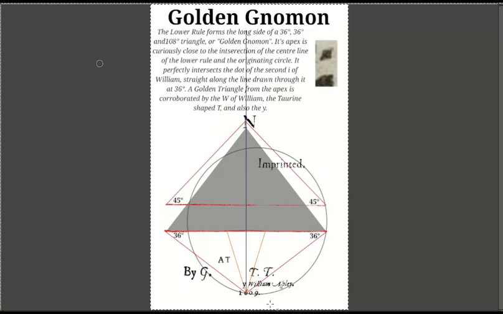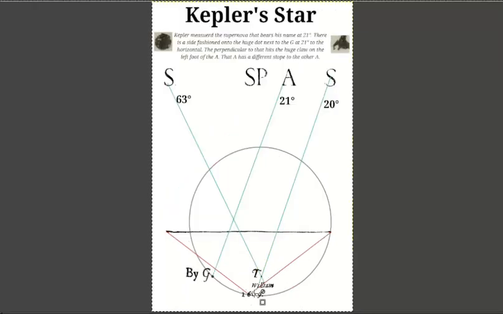This one here is one of the series of remarkable geometric coincidences. The star chart, which consists of these three blue lines that are at 63 degrees to the horizontal, and then 21 degrees and 20 degrees to the vertical.